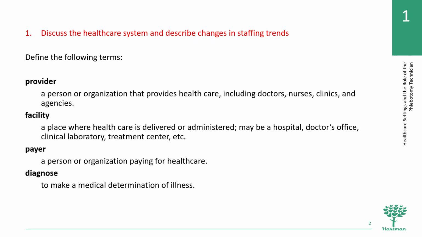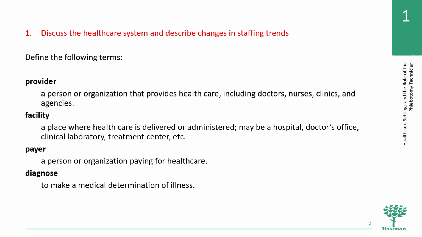So before we do anything, let's discuss the healthcare system and describe changes in staffing trends. Healthcare is a growing field. The healthcare system refers to the different kinds of providers, facilities, and payers involved in delivering medical care. Providers are people or organizations that provide healthcare, including doctors, nurses, clinics, and agencies.